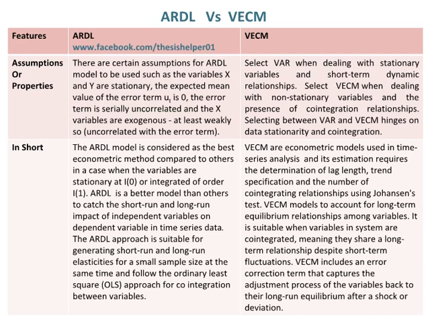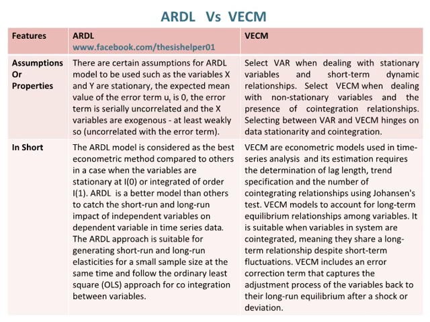Whereas, VECMs are econometric models used in time series analysis, and their estimation requires the determination of lag length, trend specification and the number of co-integrating relationships using Johansen's test. VECM models account for long-term equilibrium relationships among variables.